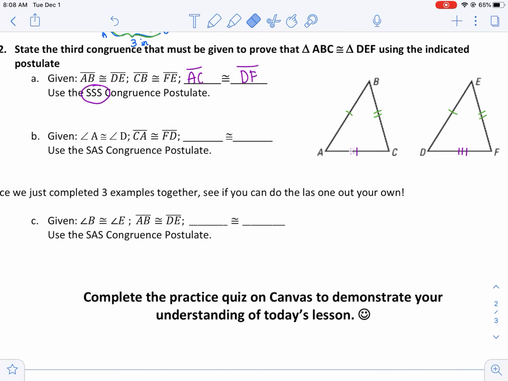Next up, we've got that angle A is congruent to angle D, and that CA is congruent to FD. We need to use the side angle side congruency postulate to state that one more thing is congruent.